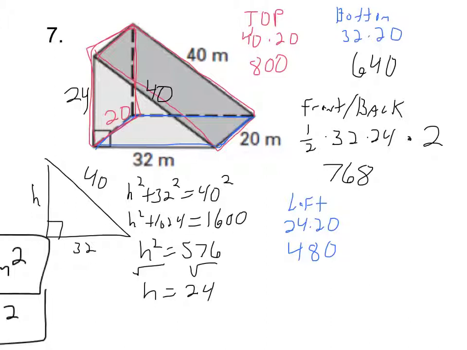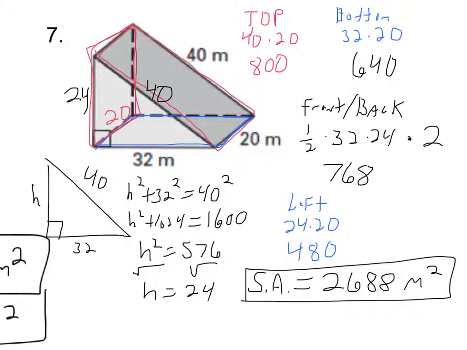Okay, so now just add all of those up. So 800 plus 640 plus 768 plus 480, and you get a grand total surface area of 2,688, and that would be square meters.